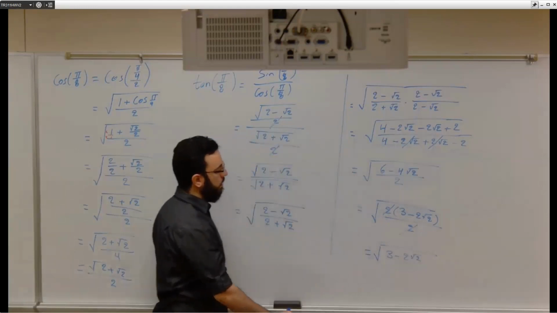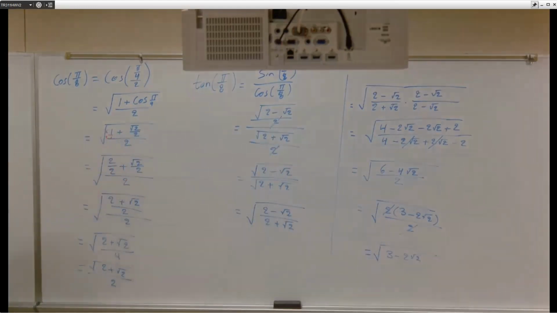That's it. So this is the result. If you use the formula, you can get a different-looking result, but it's not a different result. When you use the calculator with the decimal number, it's going to be exactly the same number, 1.4 something.